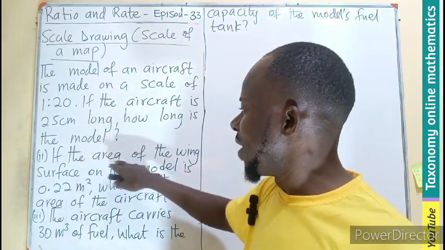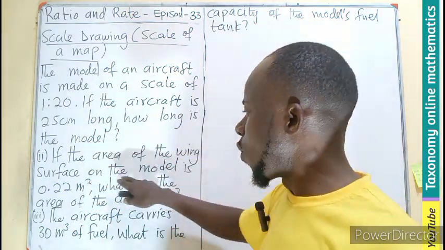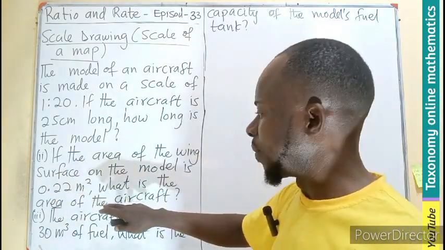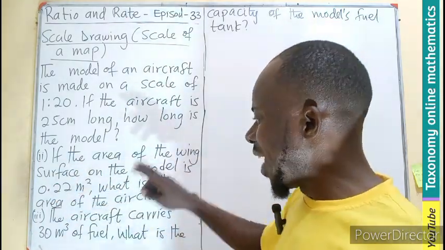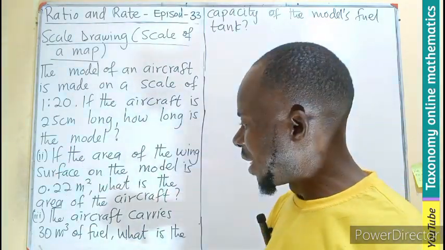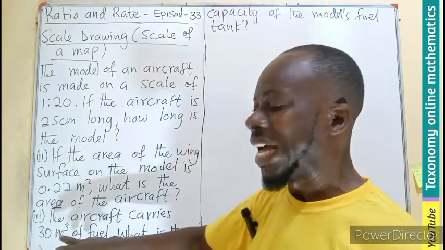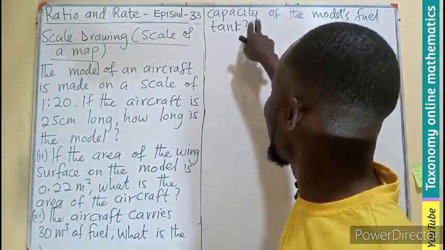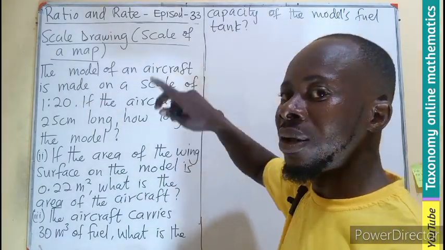All right. So if the area of the wing surface on the model is 0.22 meters square, what is the area of the aircraft, the wings, the main aircraft? Then the aircraft carries 30 meters cube of fuel. So what is the capacity of the model's fuel tank?